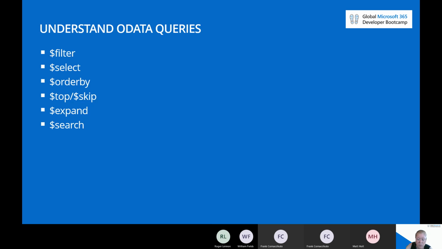If you're dealing with relational databases and you know how to do a join, like with a one-to-many relationship, there are many times when you're dealing with the Graph that you may want to get a nested result set back.